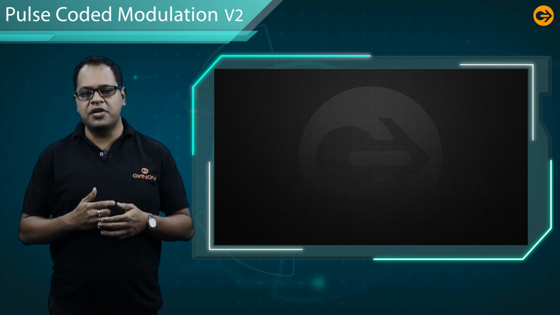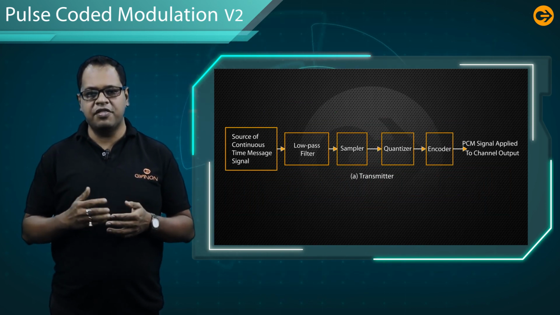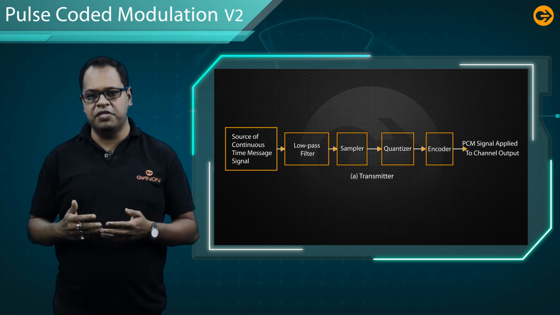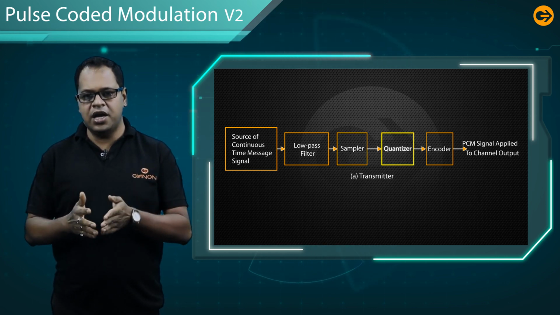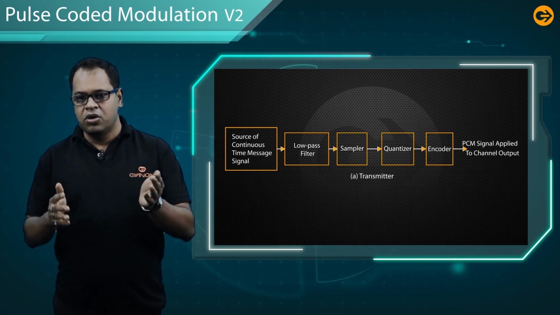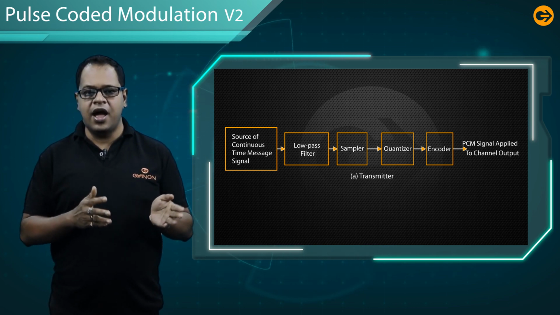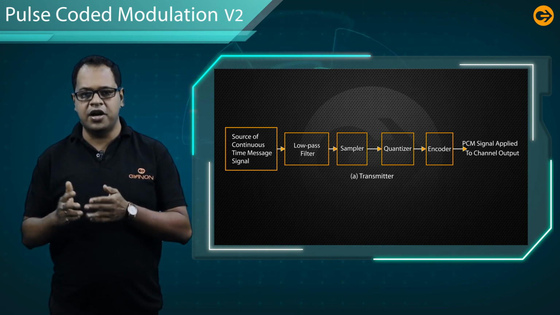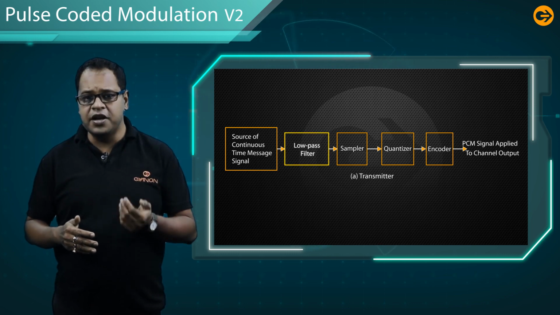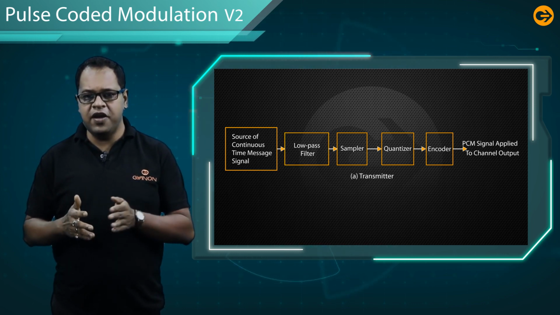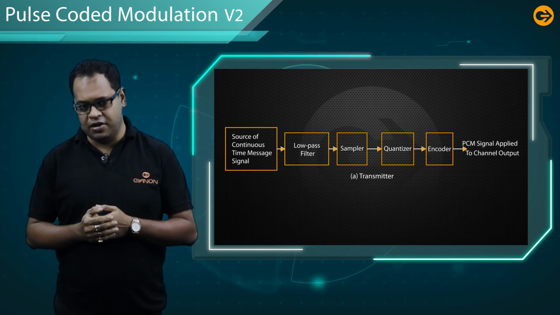So what did we discuss in the transmitter section? The transmitter section of a pulse code modulation consists of sampling, quantizing and encoding, which are performed in the analog to digital converter section. The low-pass filter prior to the sampling prevents aliasing of the message signal.